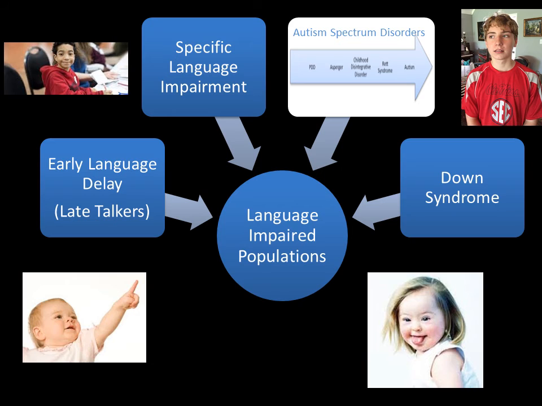Language development for children with Down syndrome follows a typical sequence of development, but is largely in line with their cognitive ability. So there's only so much they can learn because of their intellectual disability.